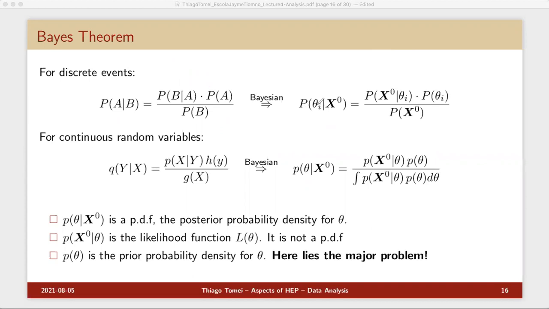So let's read this again. The probability of the parameters of the model being this, given that I observed this data, is the probability of me observing the data, given that the parameters of the model are these, times the probability of the parameters of the model being these, divided by the probability of me actually having observed this data.